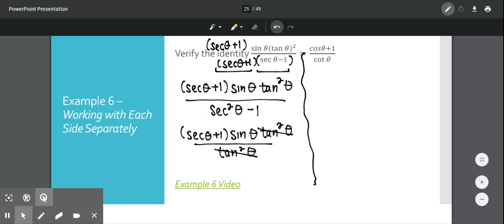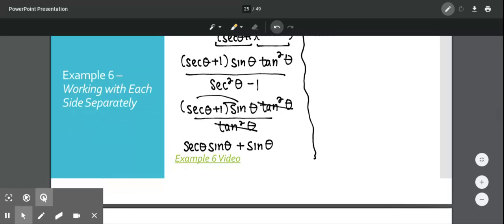Okay. We could distribute our sine. So we would have secant theta times sine theta plus sine theta. Right? Secant theta is 1 over cosine.